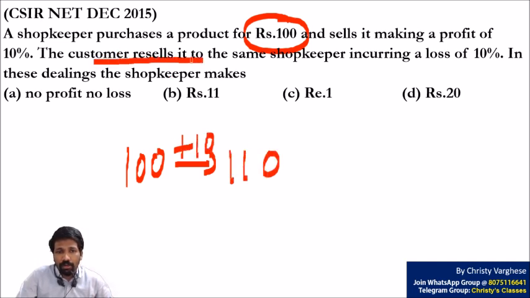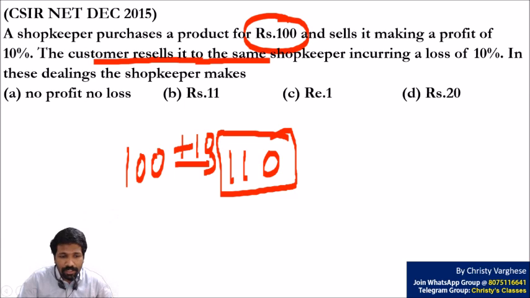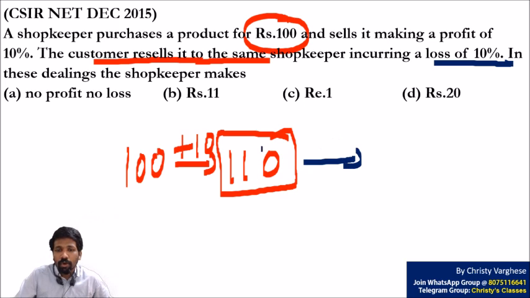Now think from the perspective of the customer, who is buying it at 110 rupees. Now the customer is the seller, because the customer is selling it back to someone. He resells to the same shopkeeper, incurring a loss of 10%, which means on this 110 rupees, 10% is lost.